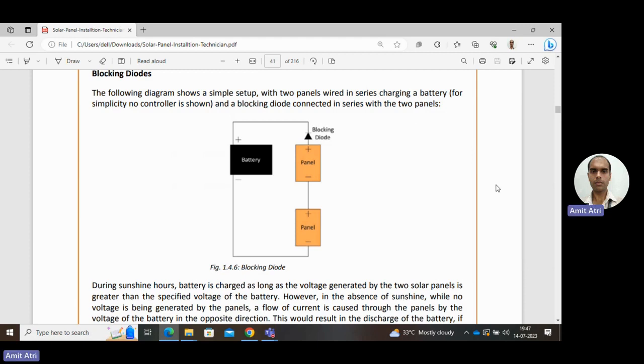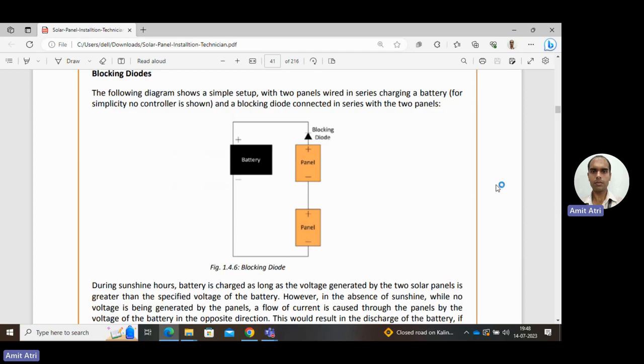After that there is a blocking diode. When current is flowing from the panel to the battery, the positive terminal of the panel is connected to the P side of the diode, and after that it is connected to the positive terminal of the battery.